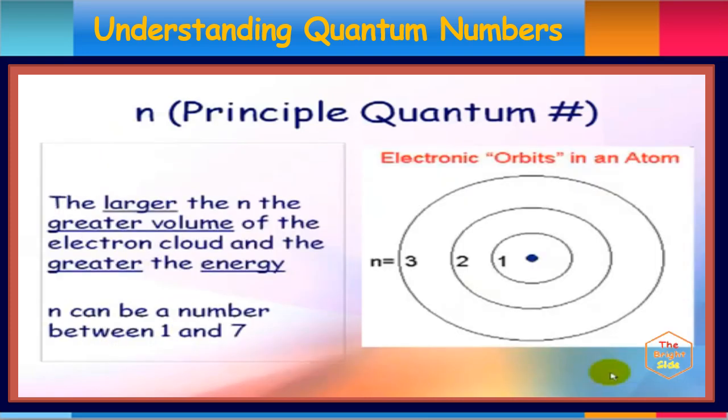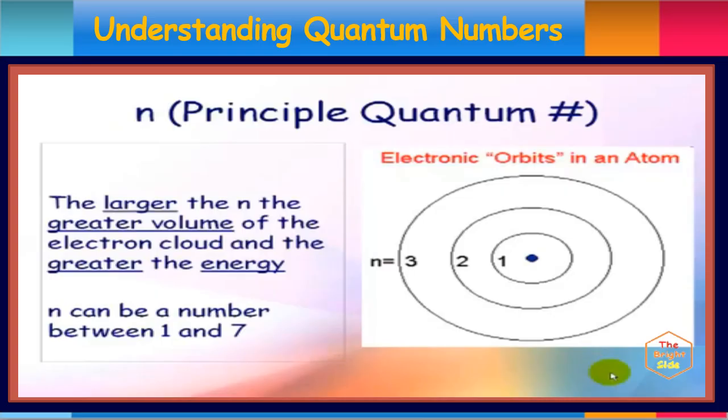If you look here, this is a typical Bohr diagram of an atom, with each ring representing an energy level. This is not the orbit that the atoms stay in. This is the electronic or the energy level that they will be in. And the larger the n value, the greater the volume of the electron cloud, and the greater the energy those electrons have.